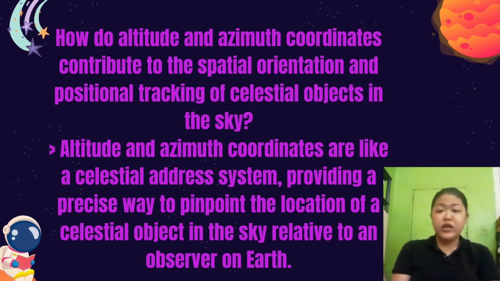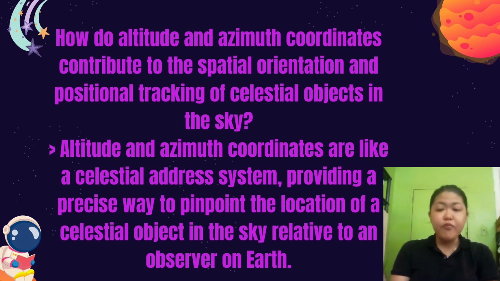So the second one nga na-mention ganina, which is the positional tracking, is under the celestial motion. Celestial objects are constantly moving due to the Earth's rotation and the object's own movement. Altitude and azimuth coordinates change as the objects move.